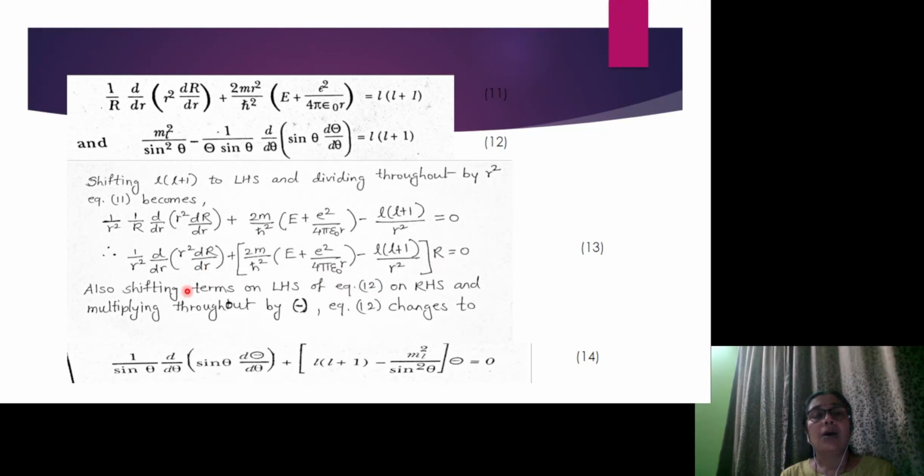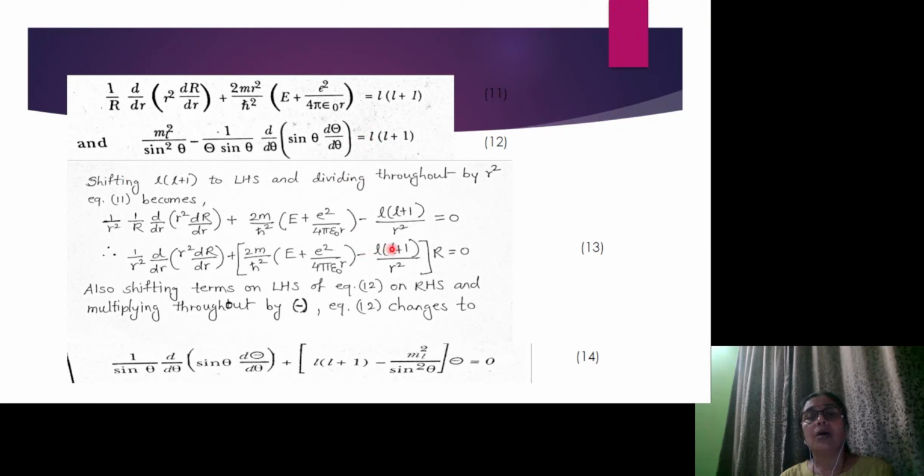Also, shifting terms on LHS of equation number 12, we are shifting terms from the LHS to the RHS, so that this minus sign will become a plus sign, and we get 1 upon sine theta d by d theta of sine theta d theta by d theta plus L into L plus 1 minus ml square upon sine square theta, multiplied by theta.